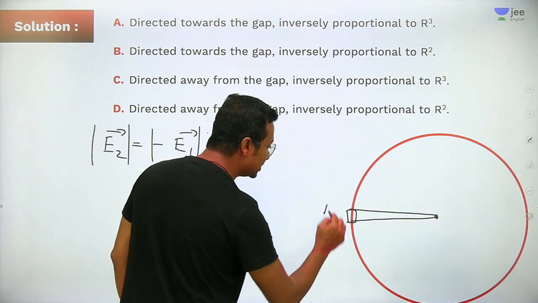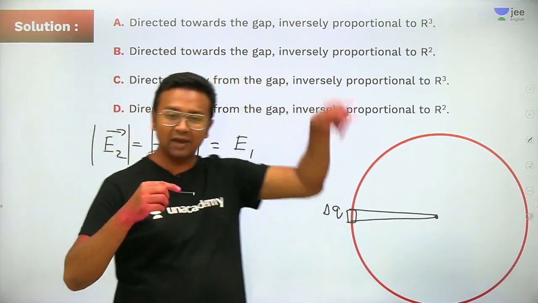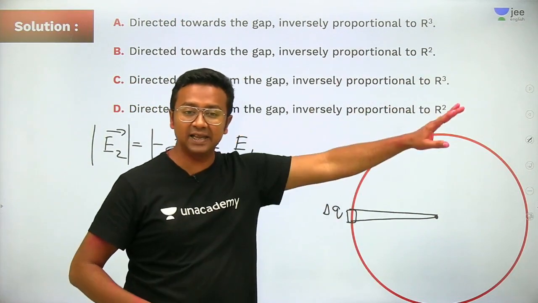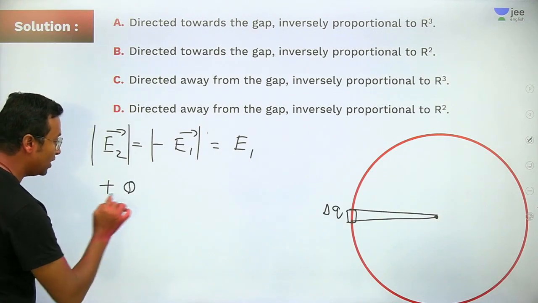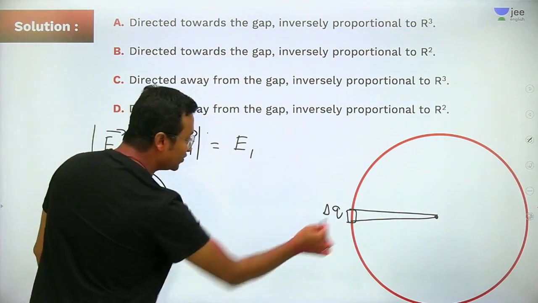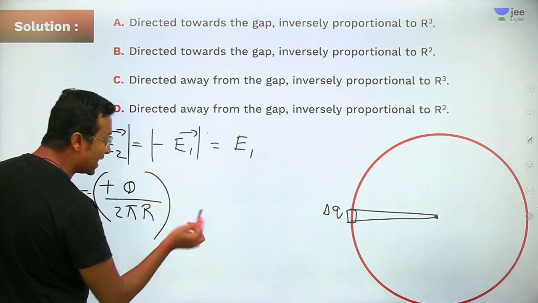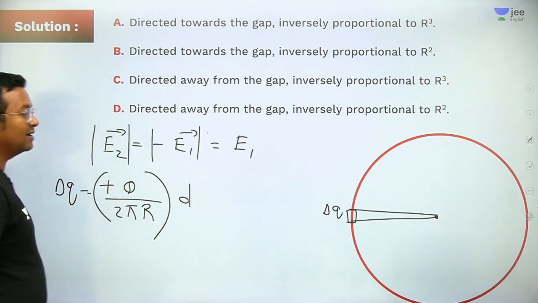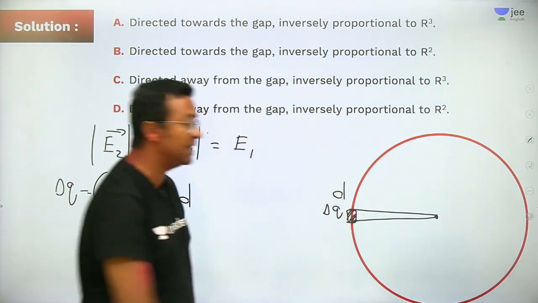Let's say it has a charge delta Q. The charge plus Q that was given to this entire ring got uniformly distributed over the entire length. So delta Q will be equal to plus Q divided by 2 pi r, into the length of this portion, which has been given in the question as small d.